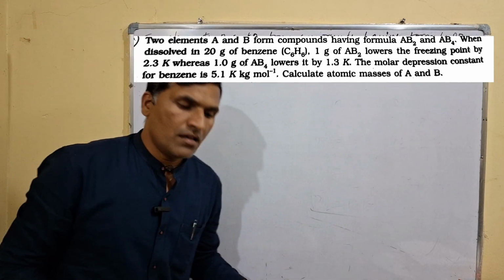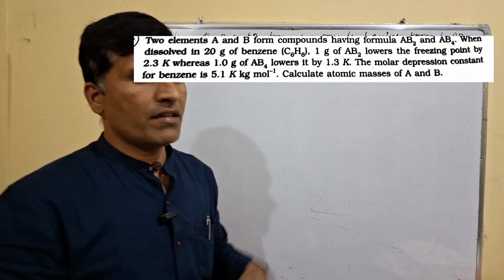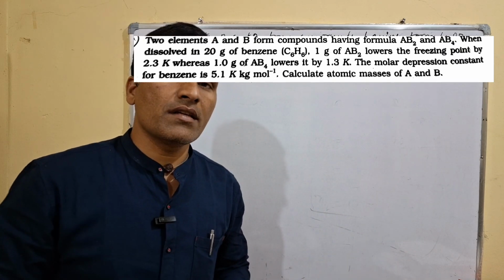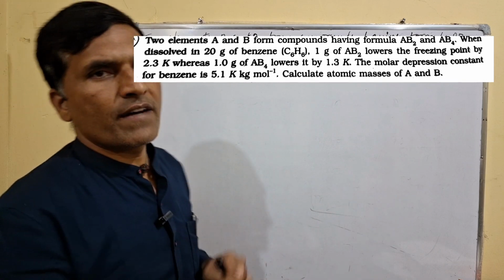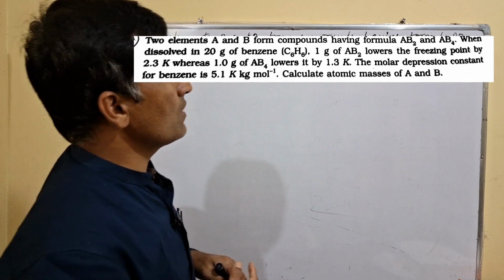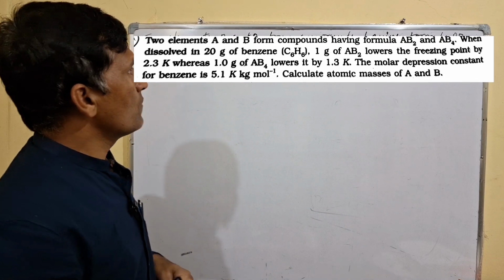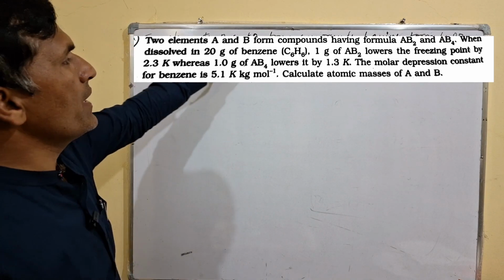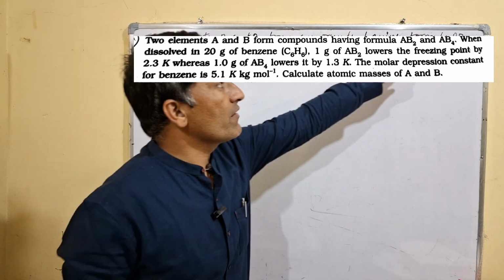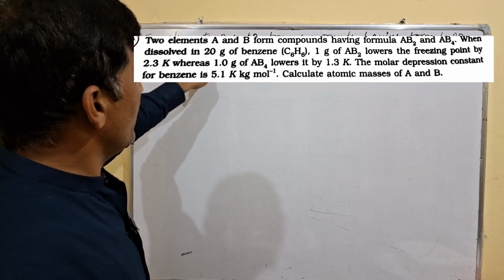In this new blueprint they have given problems as higher order thinking. So I have taken a slightly modified problem, which is on depression of freezing point. Two elements A and B form compounds having formula AB2 and AB4.